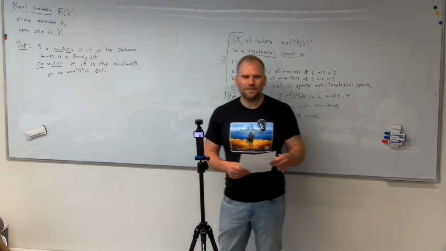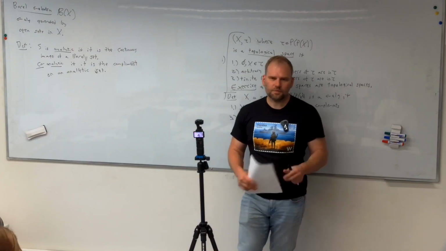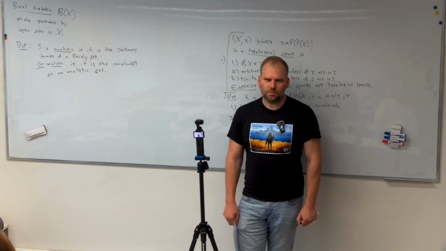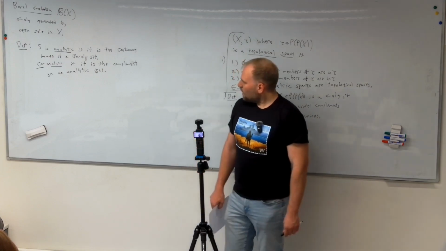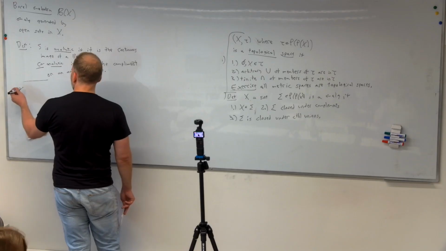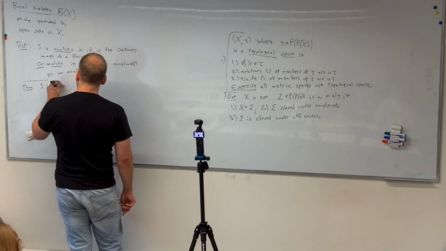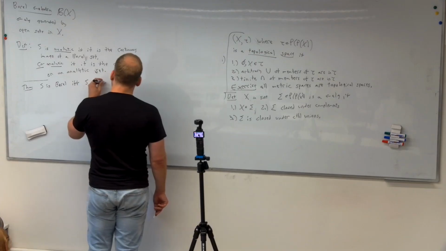Is that more or less an example of an analytic set which is not Borel? Of course, it is impossible. Where this is interesting to us is the theorem that S is Borel if and only if S is analytic and co-analytic.